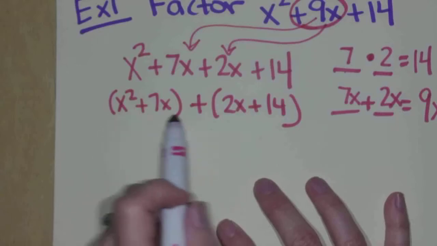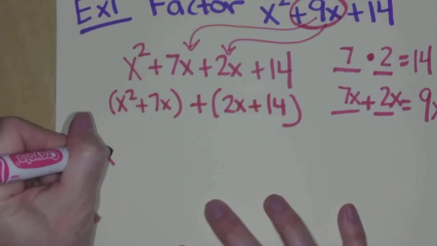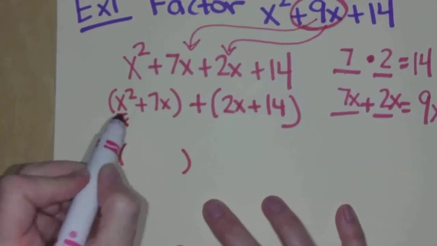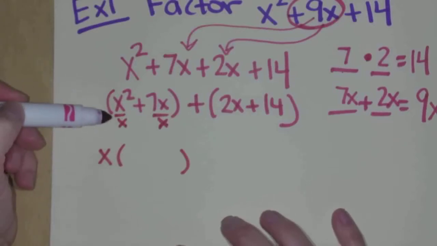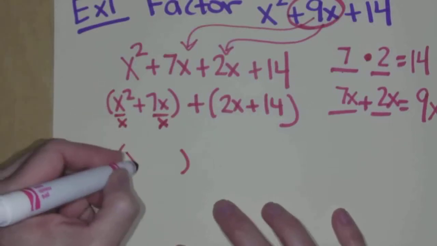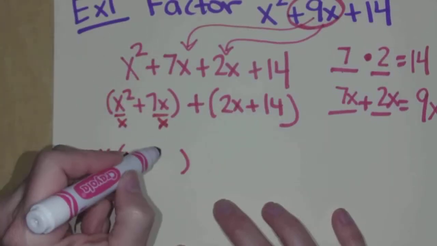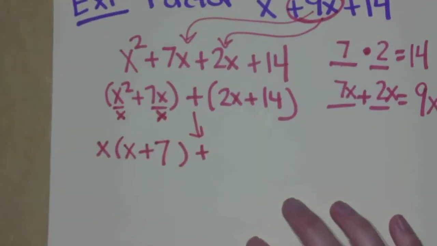The GCF of x squared plus 7x is just an x. Then we open our parentheses and divide each term by that GCF. X squared divided by x is just x, and 7x divided by x is just 7. We'll bring that plus sign down.